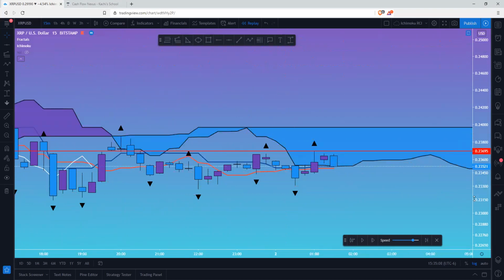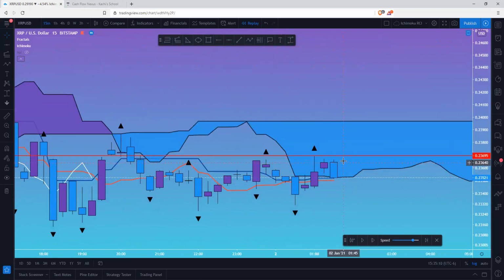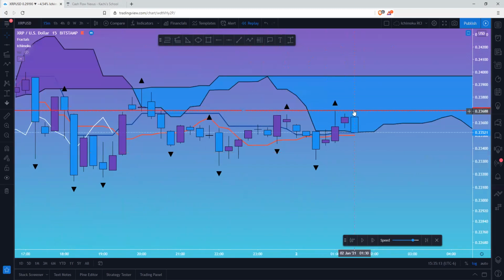But what happened, Miss Jacqueline, right here? Resistance. What's that? Oh, that's, sorry, bearish engulfing. Right. So we could look for a short here.